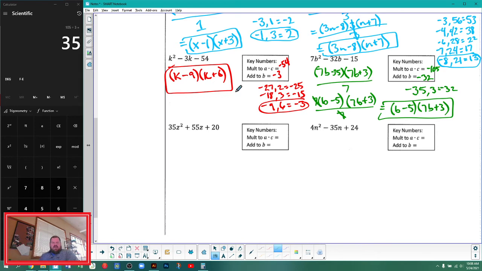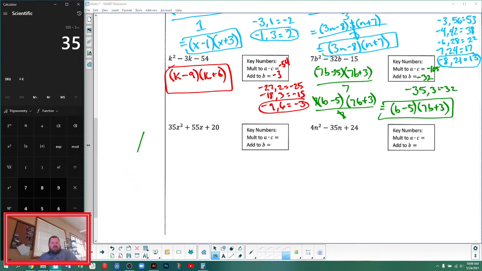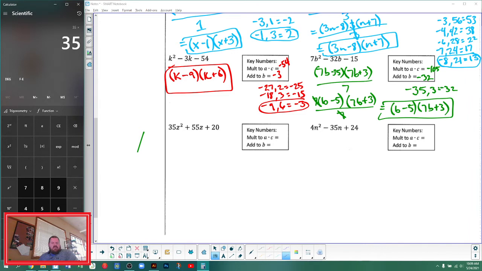Next one, oh boy, that's a big one. We've got some stuff going on here. I need two numbers that multiply to give me, I can see maybe an easier way to accomplish this. I'm going to take this problem down a little by looking for any common factors in all three terms first. Okay, I notice that they're all multiples of 5.